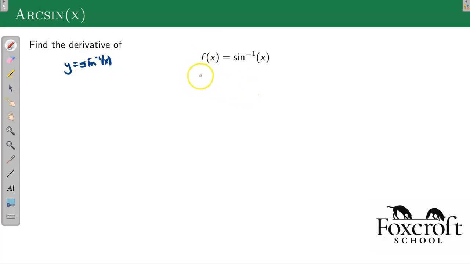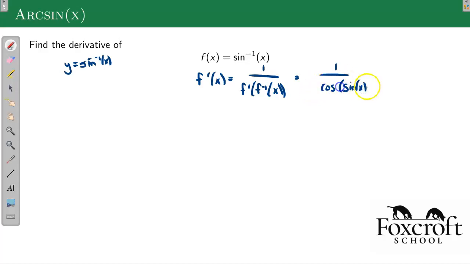Its derivative is 1 over the derivative of its inverse. The inverse of inverse sine is sine, and its derivative is cosine.